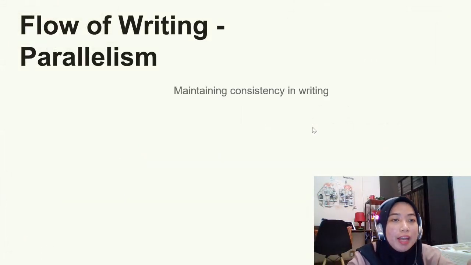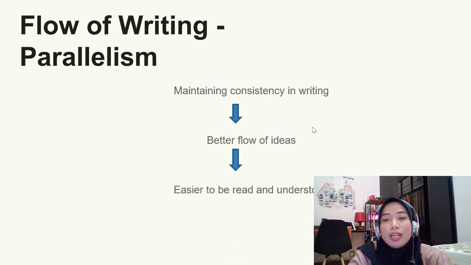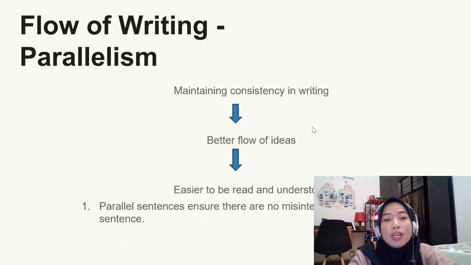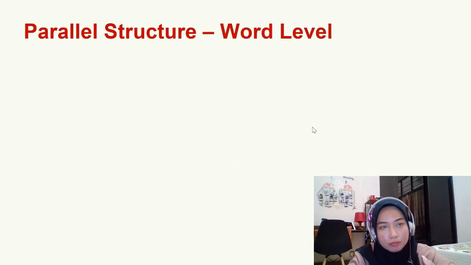The reason why we have parallelism in writing is because we want to maintain consistency in our writing so that we can have better flow of ideas, so that it's easier to read and also understood. And parallel sentences ensure that there are no misinterpreted ideas in your sentence, and that your ideas can be expressed in a more organized manner. There are two levels of parallel structure.